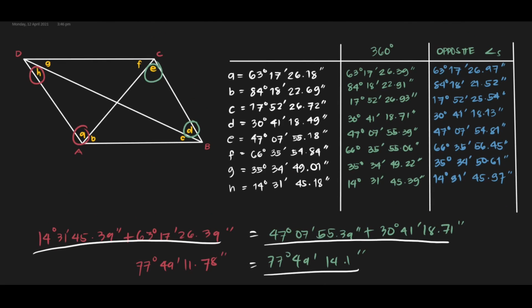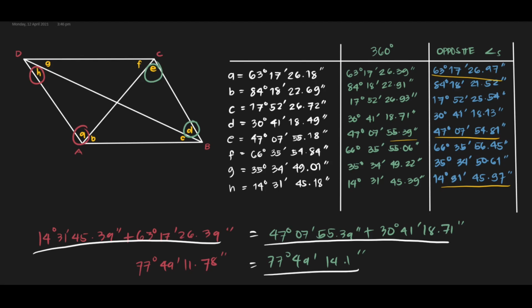As you can see here, 26.97 from 26.39, so we added to A. We also added to H. As you can see here, it increased in value. And for E, let's take a look here. As you can see, it decreased in value, 54.81.